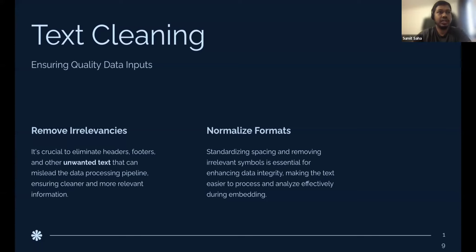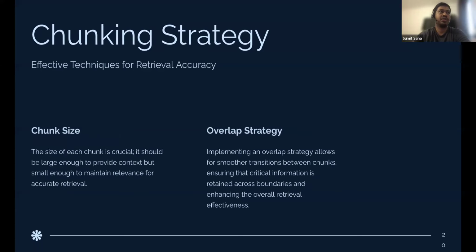And also there is one thing: we try to normalize the fonts. There could be irrelevant spacings or irrelevant symbols in the text file that we must clean up or remove before starting the data ingestion processing pipelines.